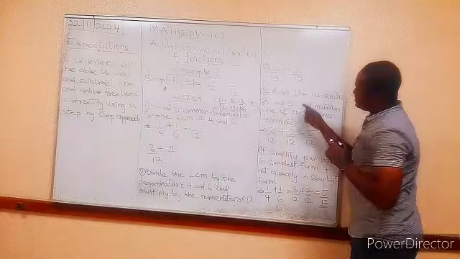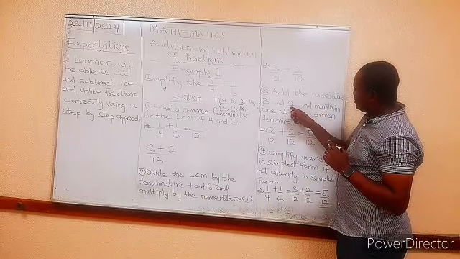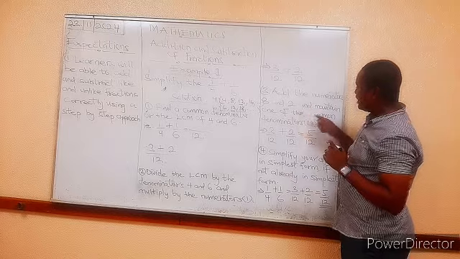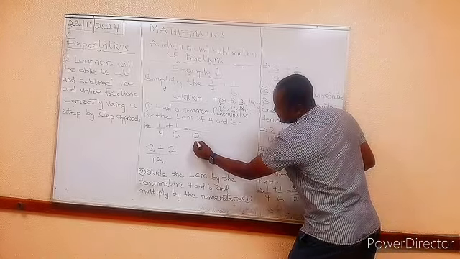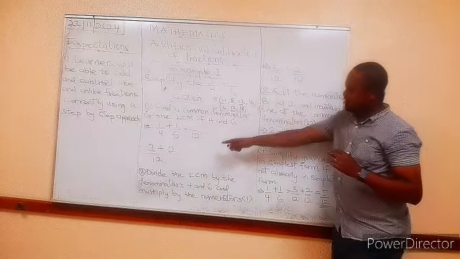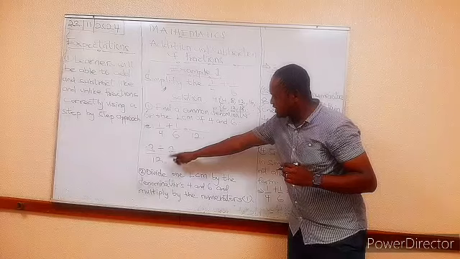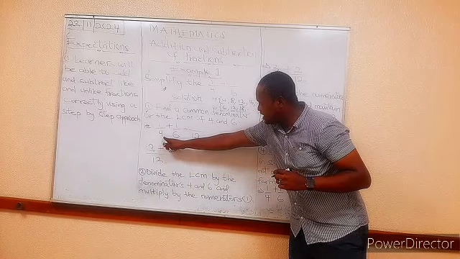Now let's go to the next step. The next step says add the numerators 3 and 2 and maintain one of the common denominators. Don't forget the common denominator here is 12. So we are adding the new numerators we got after dividing the LCM by the denominators.